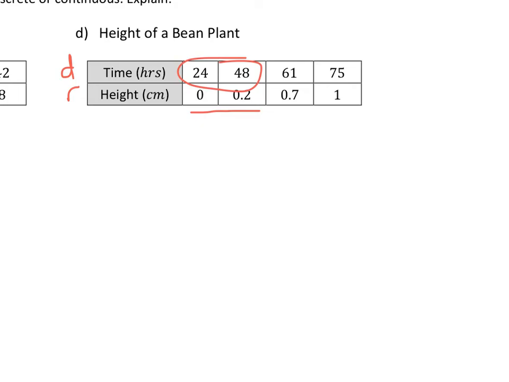It actually has to grow. So it would be between 0 and 0.2. It could be 0.1, 0.17, etc. It has to reach 0.2 somehow, which means it would be every height in between. So because it would be a smooth curve or line, we would say that this is continuous.